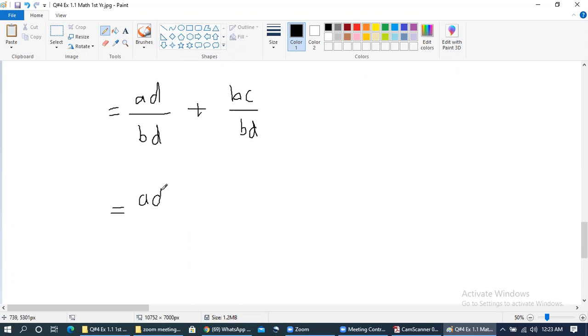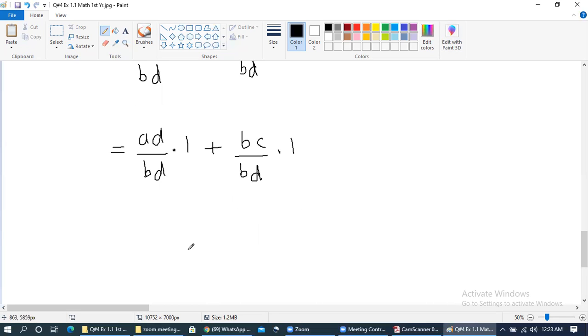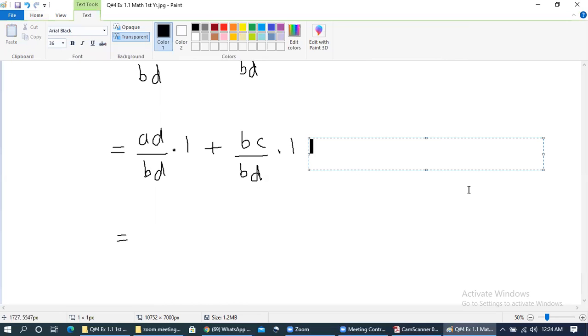So this is AD divided by BD, going to be multiplied with 1, while a similar thing is going to be done with this as well, that we'll be doing BC by BD multiplied by 1, or we can write it by changing the arrangement. So in this previous step, it is actually the multiplicative identity.